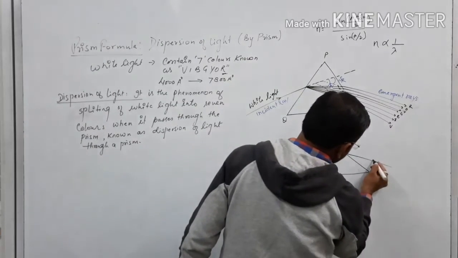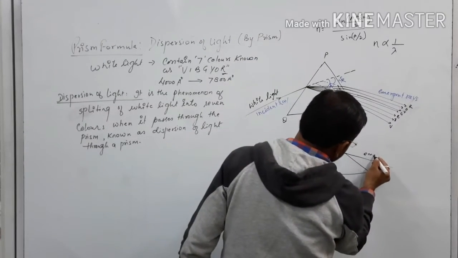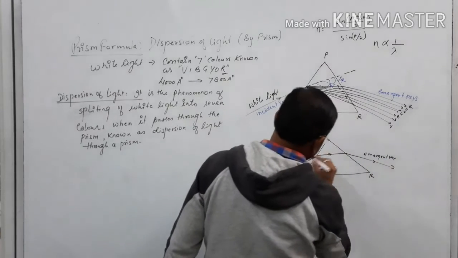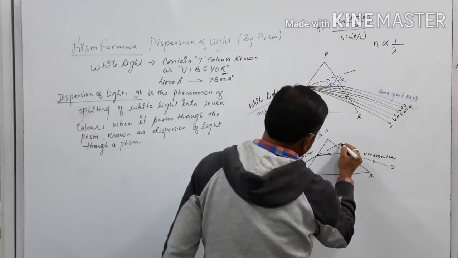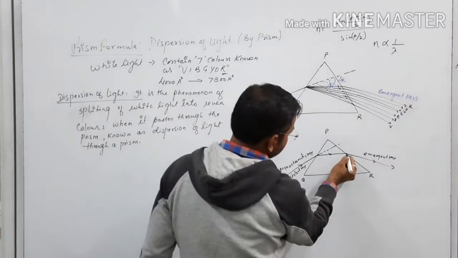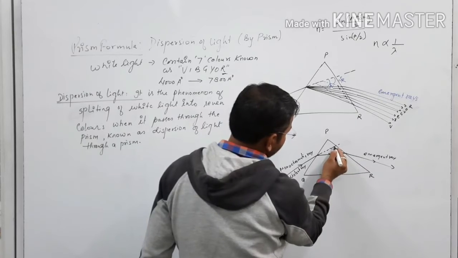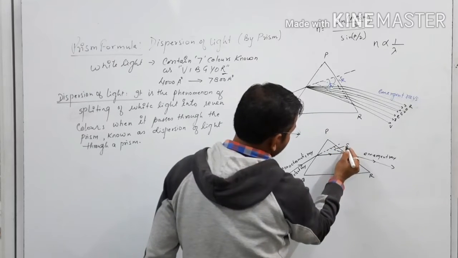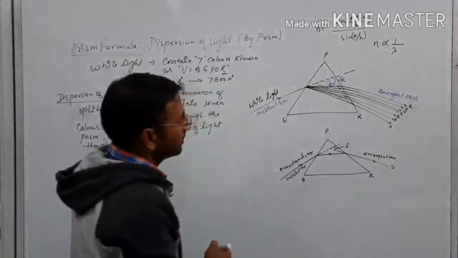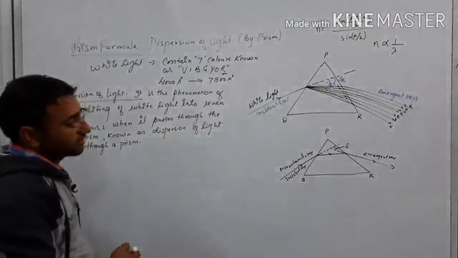So let's see how we will prove it. This is the emergent ray. This is the original direction of incident ray, and this is the backward direction of the emergent ray. And this is the angle of deviation for this monochromatic incident ray.